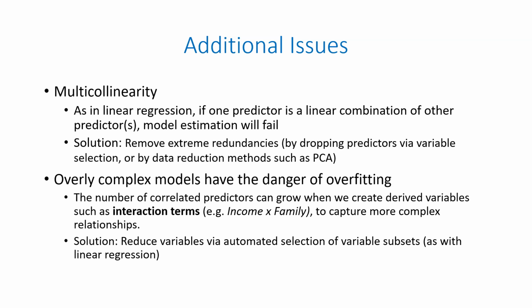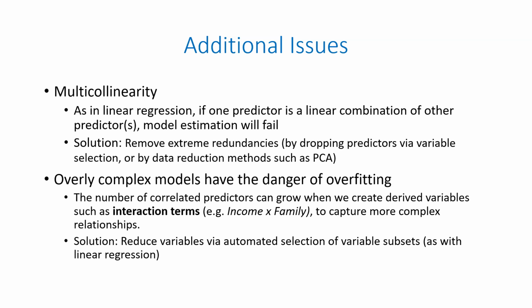The other issue to keep in mind is that overly complex models have the danger of overfitting, and as a result, the model will generate large prediction errors when being applied to a new dataset. In regression techniques, one may not start with many predictor variables, but when you include derived variables such as dummy variables, interaction terms, and polynomial terms, you may end up with many variables.